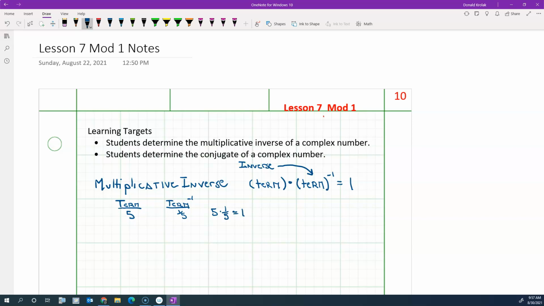Okay, if you had 5x, its multiplicative inverse would be 1/5x, because when you multiply those, you get 1. If you had like 2/3, its multiplicative inverse would be 3/2. It's the reciprocal, because when you multiply those, you get 1.